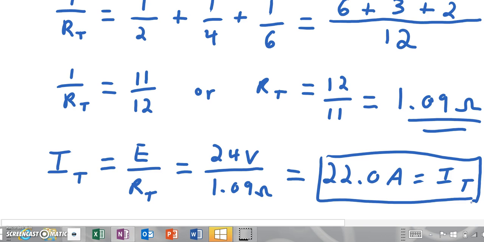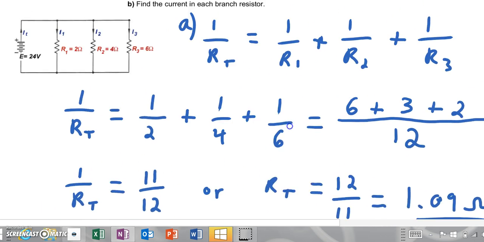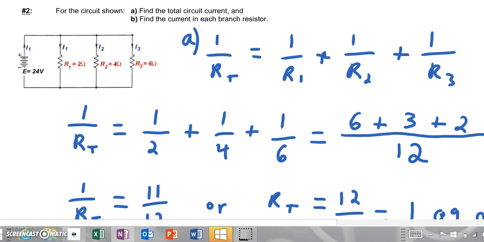Now, part B asks us to find the current in each branch resistor. If we look at the circuit, we have 24 volts applied to all 3 of these resistors. So remember that we can apply Ohm's law individually to each branch of the circuit because we know the voltage across it and we know the resistance of the branch.